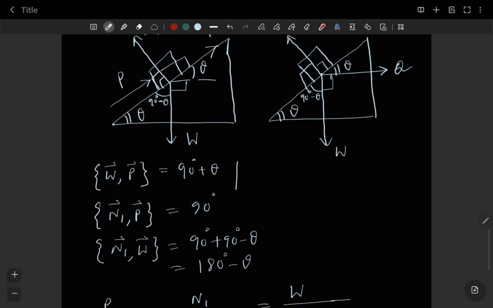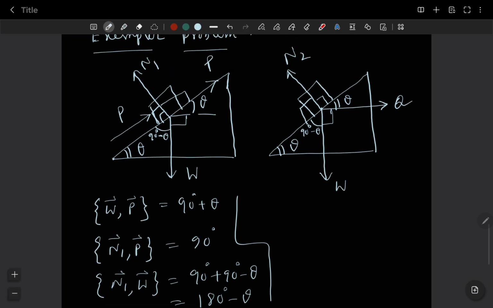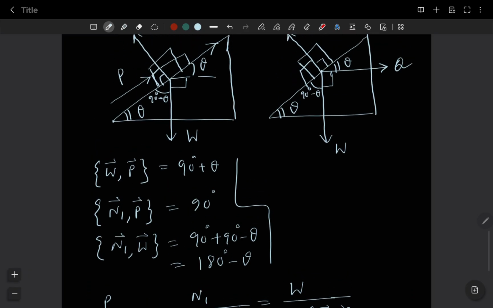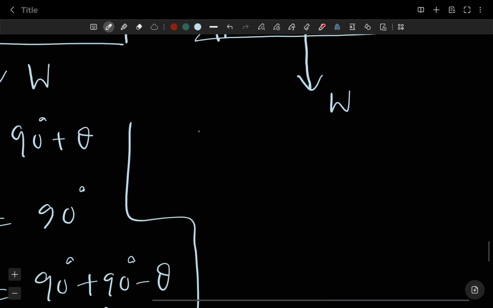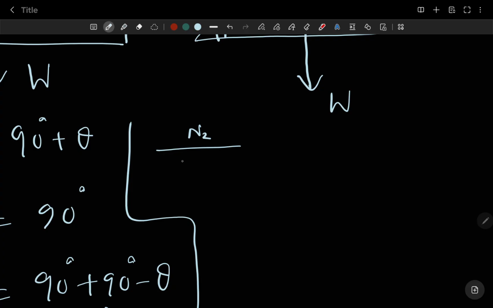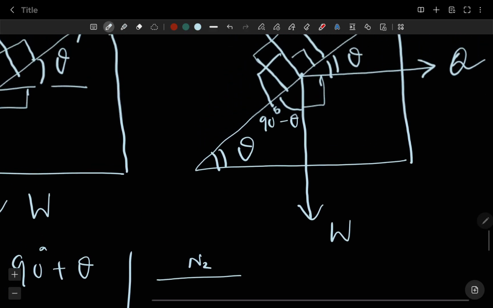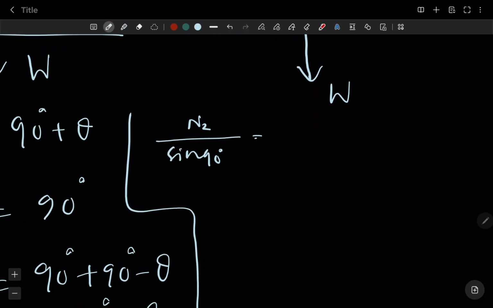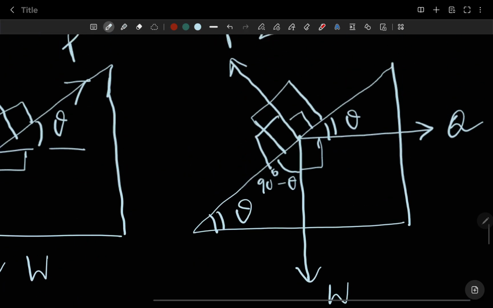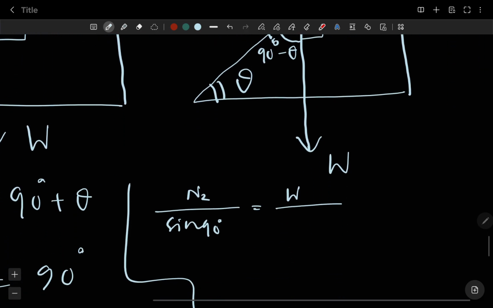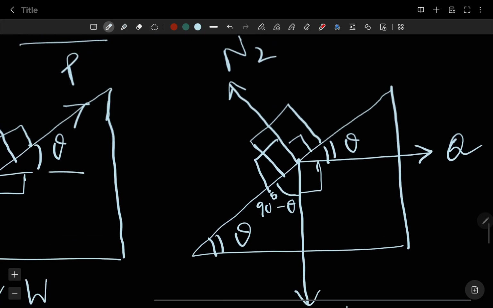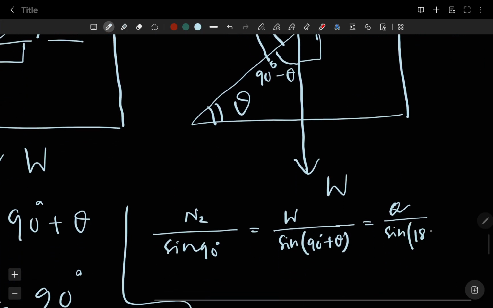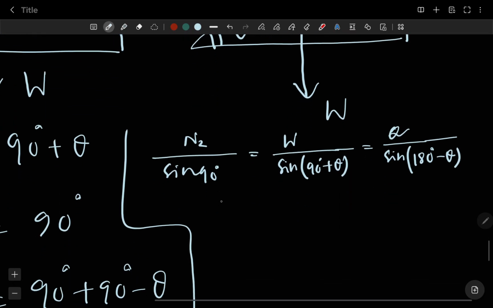Okay, so if we quickly apply Lami's theorem, what will happen here? Here it will be N2 by sin 90, W by sin 90 plus theta, and Q by sin 180 minus theta. So it will be N2, equate the first and third one.